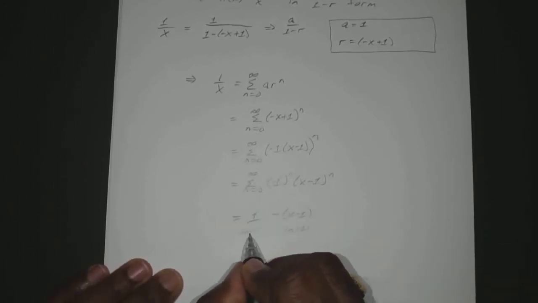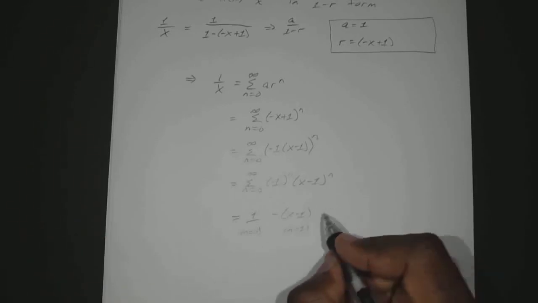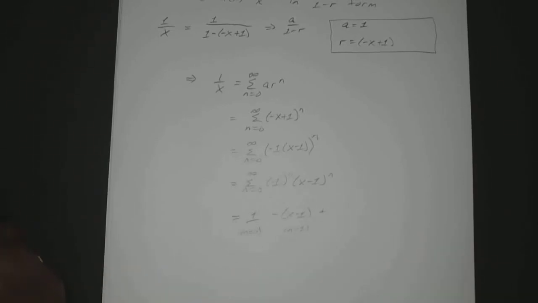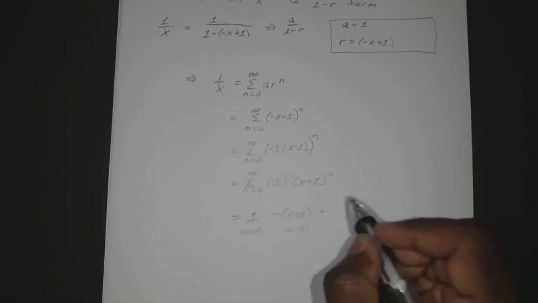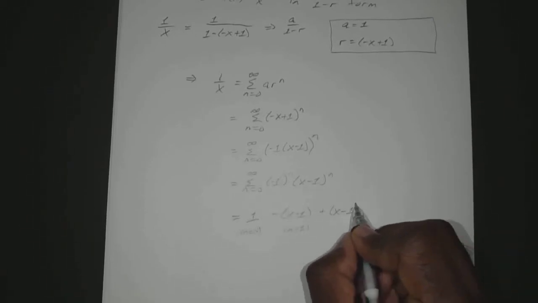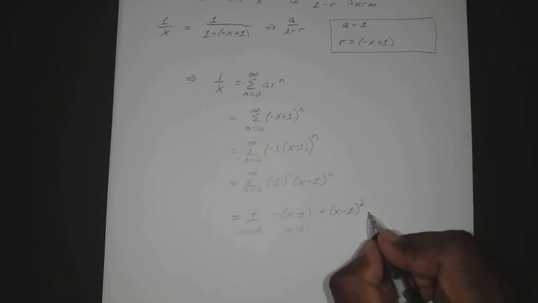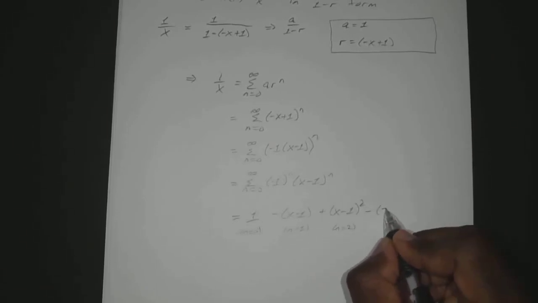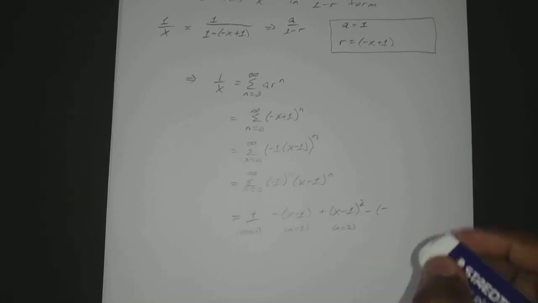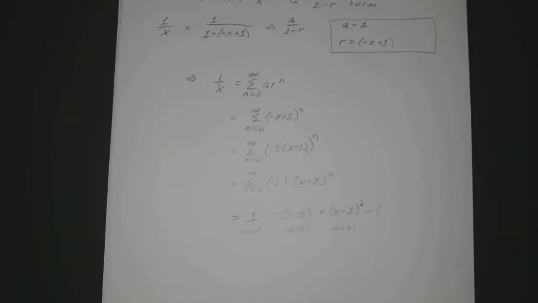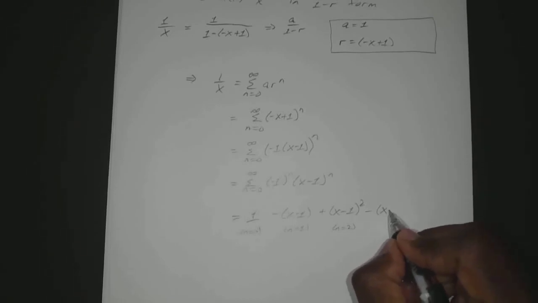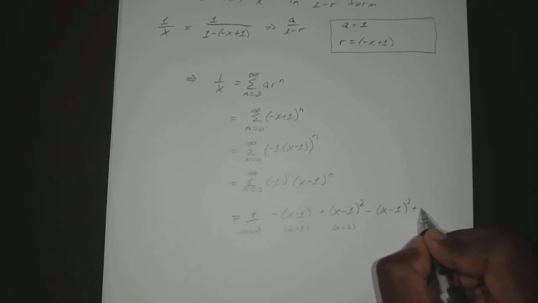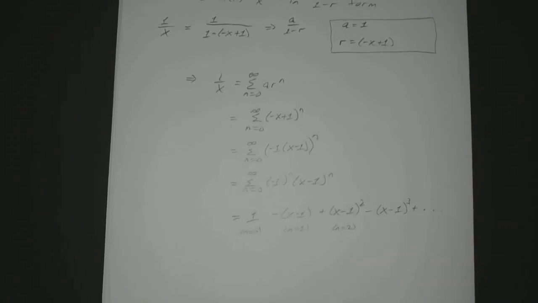So this term is n equals 0, this term is n equals 1, plus n equals 2, that becomes positive, that becomes x minus 1 squared. N equals 3, you have negative x minus 1 to the third, and it keeps on going and going and going.